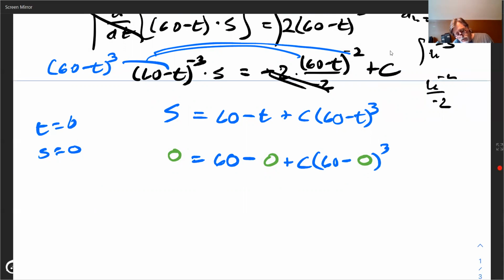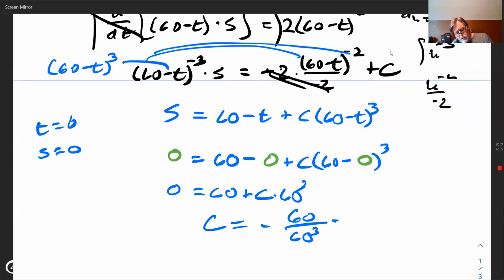So we have 0 is equal to 60 plus c times 60 cubed. So that's telling us that c itself is negative 60 over 60 cubed, which I think is negative 1 over 3600.